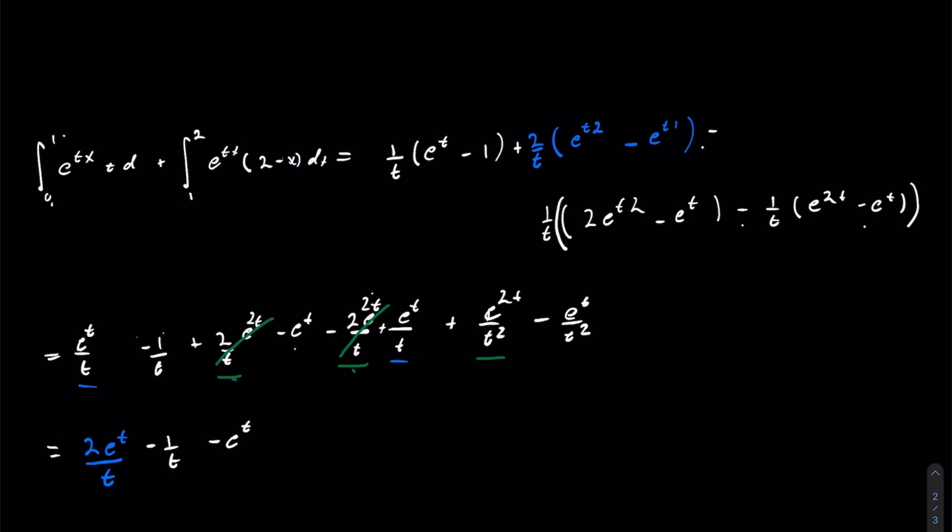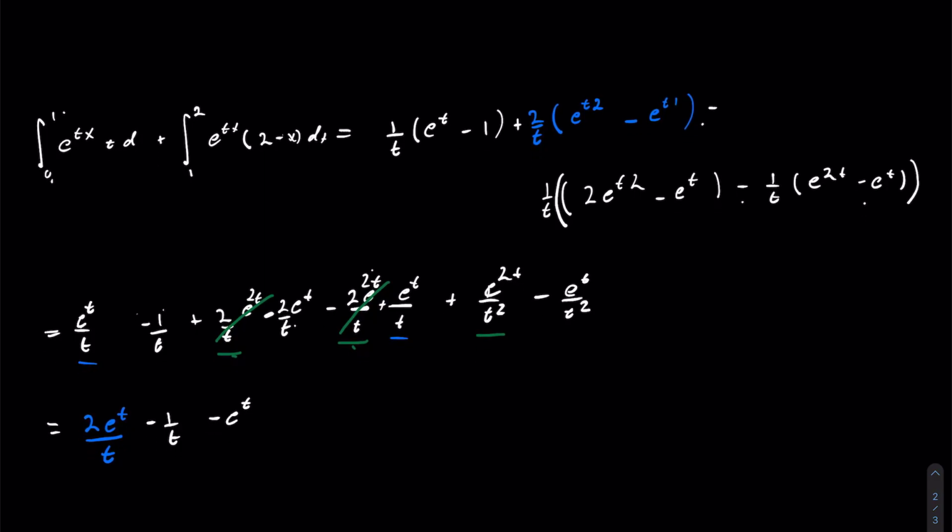Right, so it's coming from this blue piece, so this should be e to the t. Okay, so things are getting confusing. 2 divided by t. All right. Minus 2 divided by t.